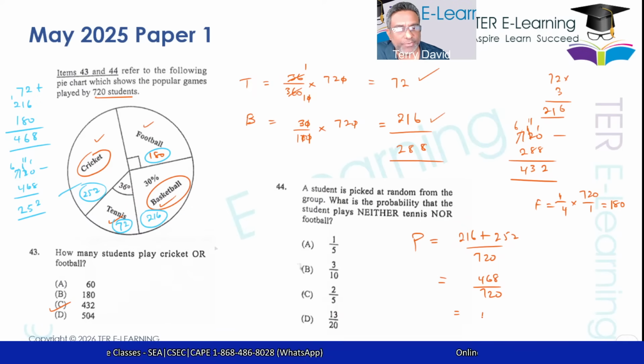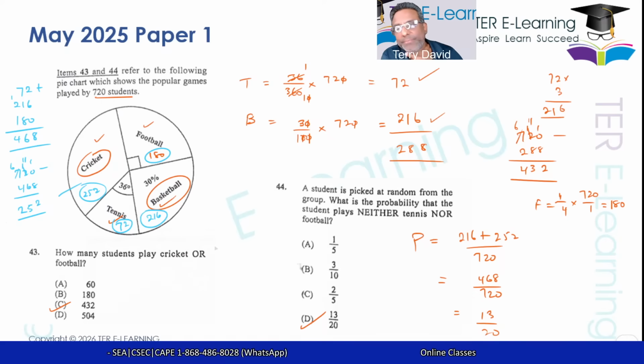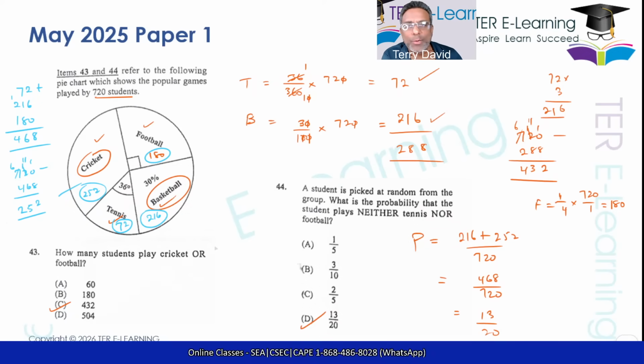Right? And if you try to reduce this, you'll get 13 over 20. Right? So the answer is D. Yeah, so I saw the error, right? 6 minus 4, yeah, it's 2, right? All right, like somebody said, they're making you work real hard to get that 1 mark, right?